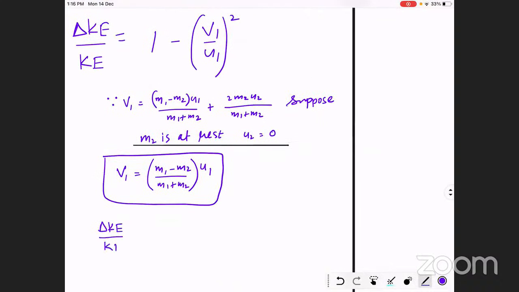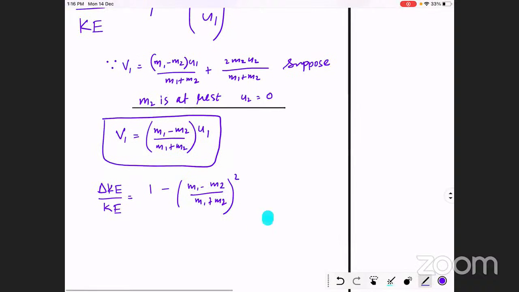Delta KE by KE we will get 1 minus, put value of v1, u1 got cancelled. We'll get 1 minus m1 minus m2 upon m1 plus m2 whole square. Could you understand this?